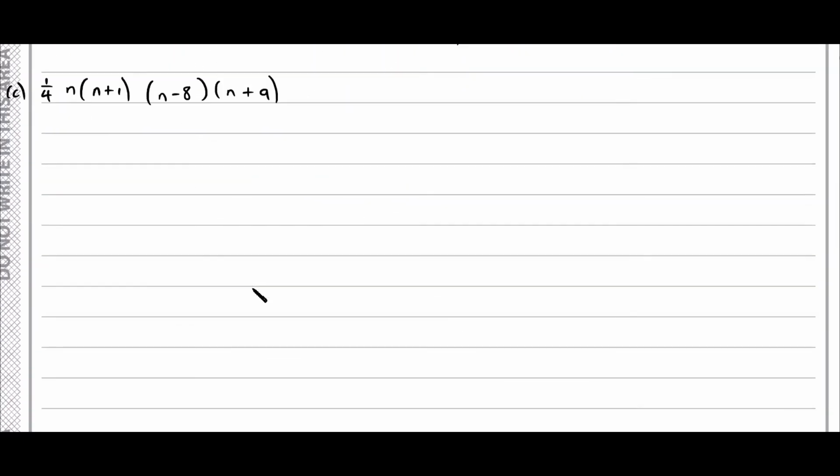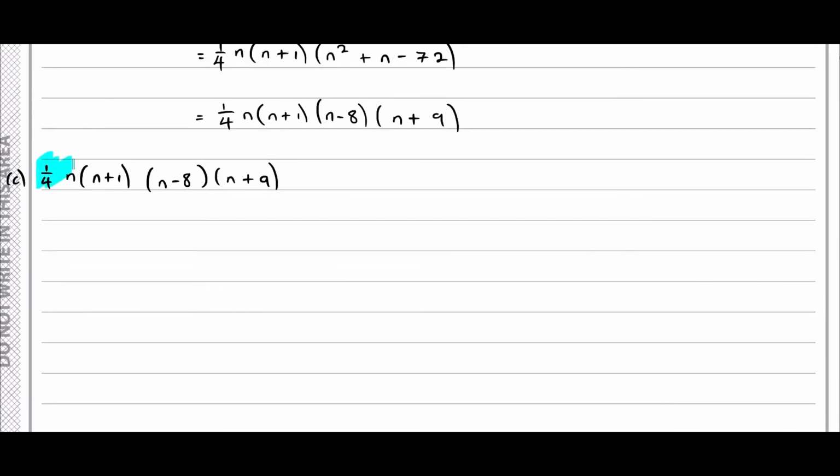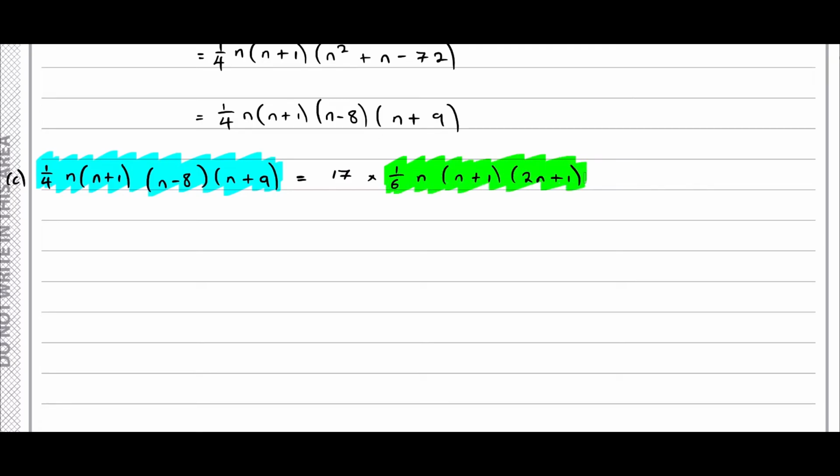So let's just highlight that again. This is equal to 17 lots of 1/6 lots of n plus 1 lots of 2n plus 1. That's the bit in green. And the rest of this is just algebra.